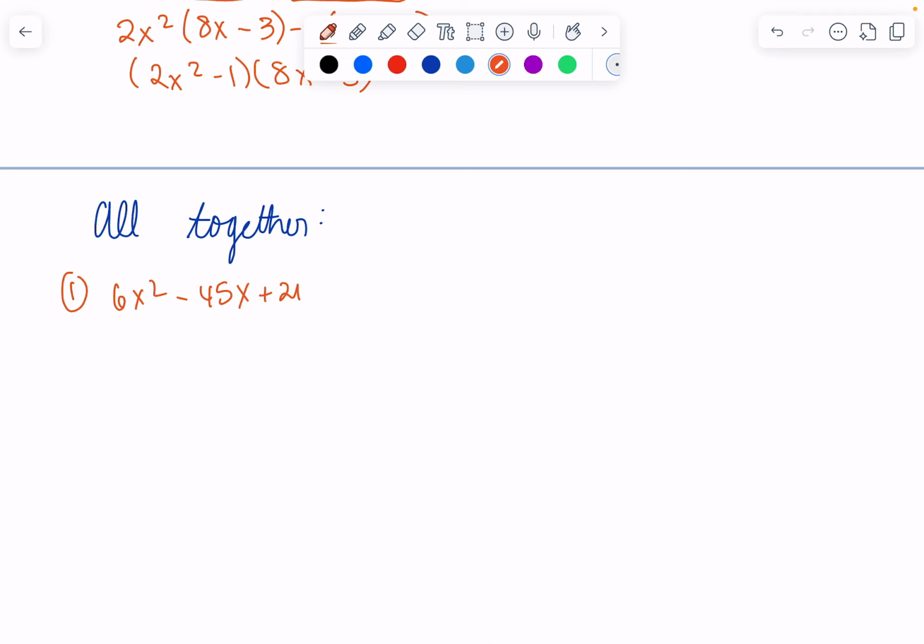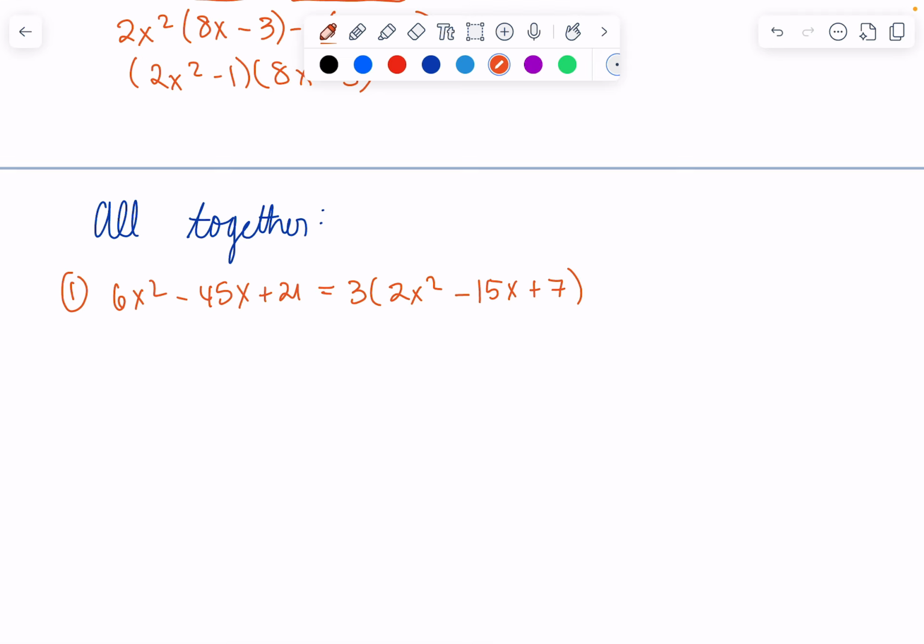The first thing I want to look for is a GCF. Do these terms have anything in common that I can pull out? And the answer is yes. I could pull out, in this case, a 3. What I'd be left with is 2x squared minus 15x plus 7.